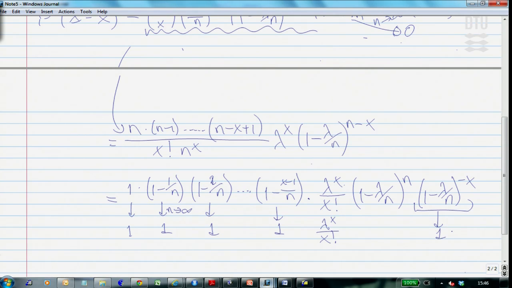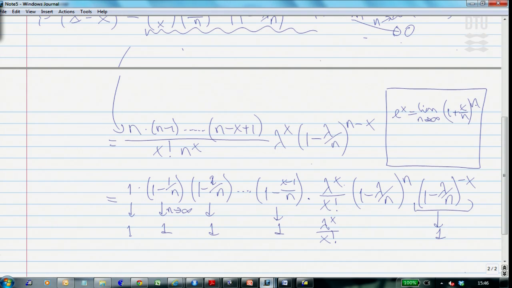And finally, the last part here, we would recognize something from mathematical analysis, namely one of the representations of the exponential function, which says that e to the x can be expressed as the limit of n going to infinity of (1 plus x over n) to the power of n.